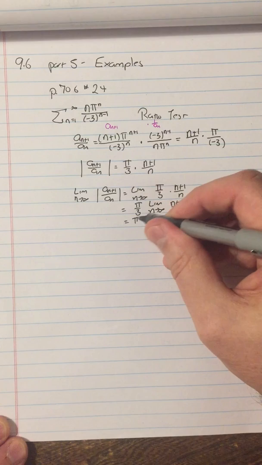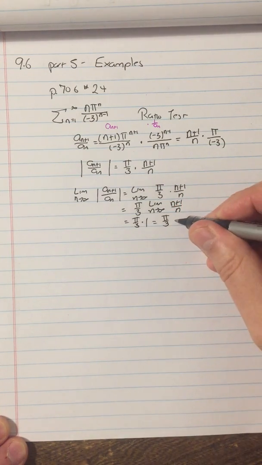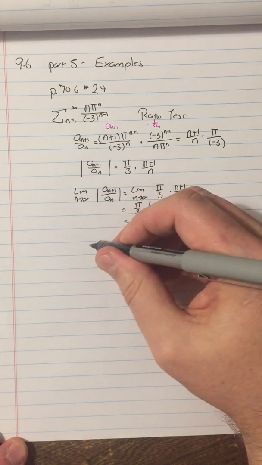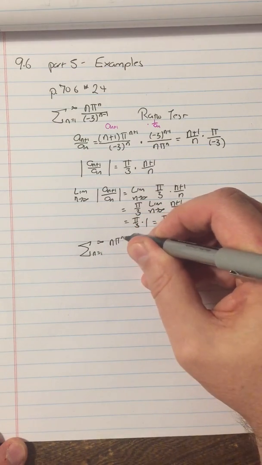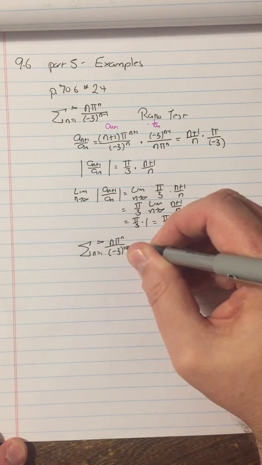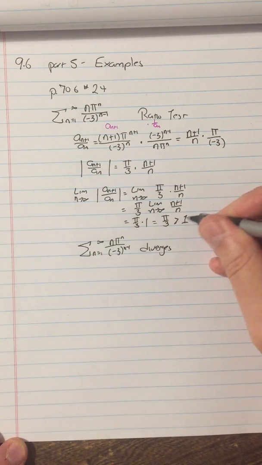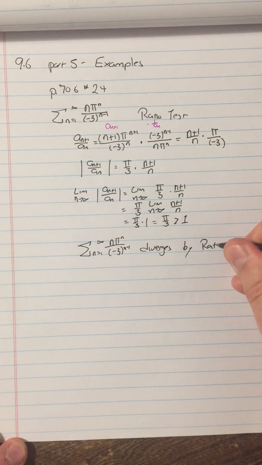So that's pi over 3 times 1, which is pi over 3, and that is greater than 1. So that tells me that the sum from n equals 1 to infinity of n pi to the n over negative 3 to the n minus 1 diverges, because my limit came out to be greater than 1, so it diverges by the ratio test.